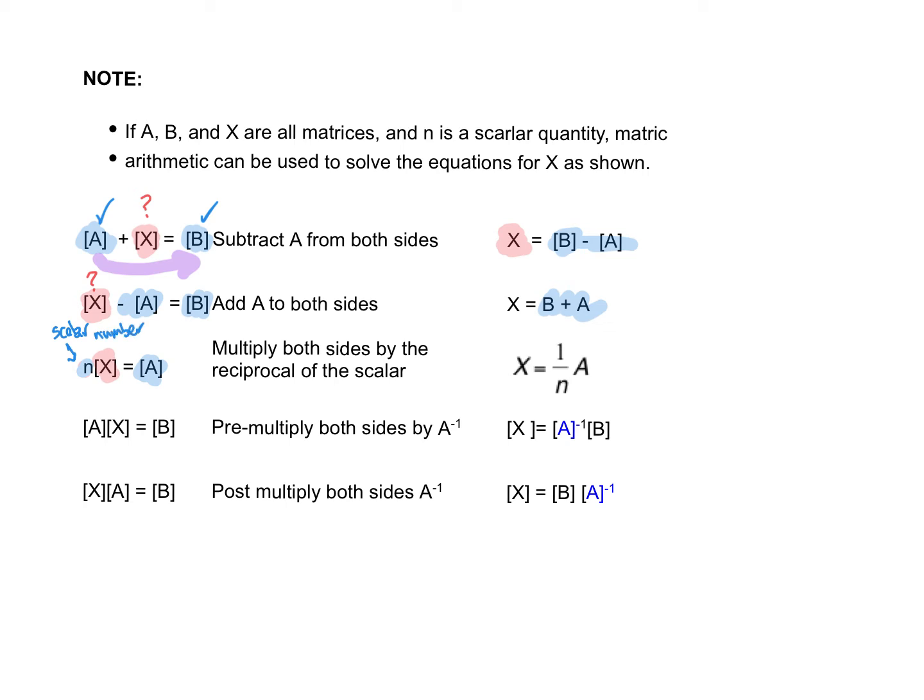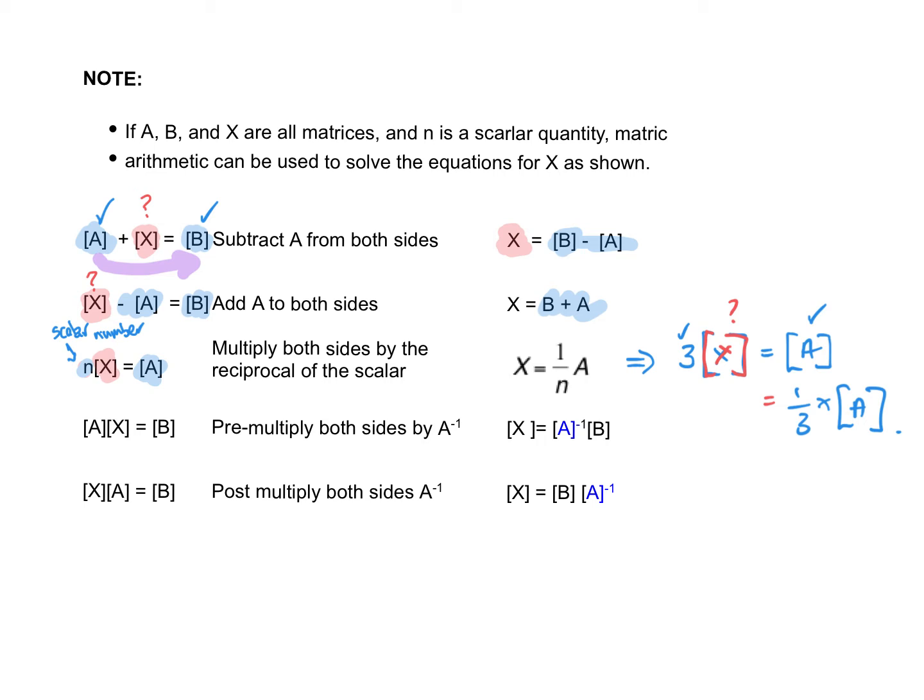Say I had 3 times matrix X equaled matrix A. I know this and I know the 3, but I don't know this one. This one's the question. How would I solve it? I would just divide by 3, or times by 1/3, like that, okay?